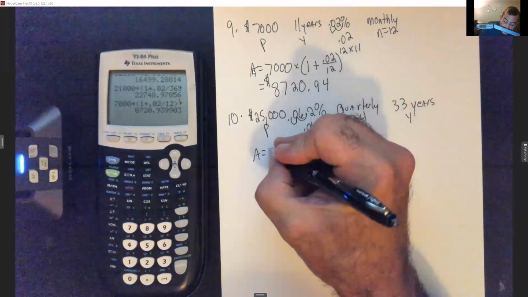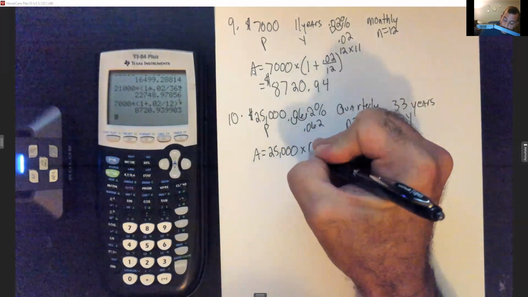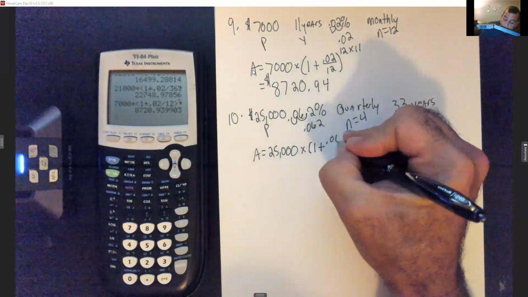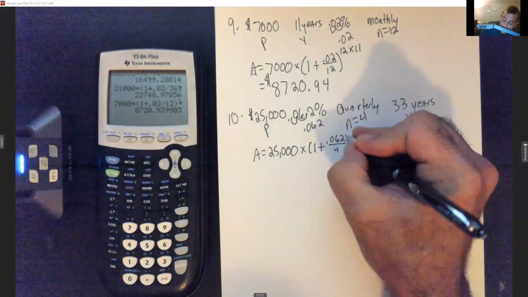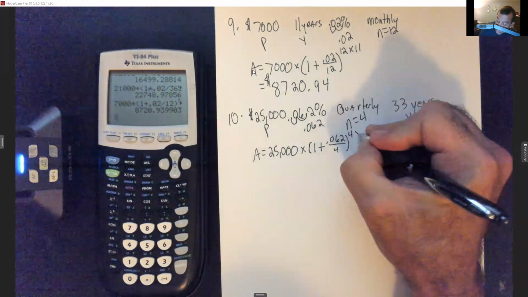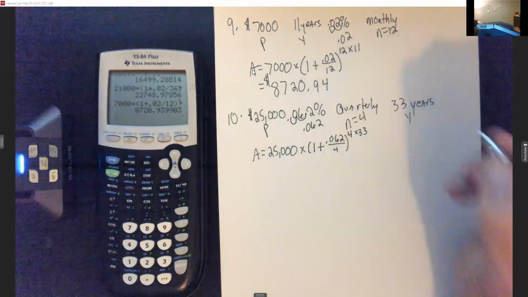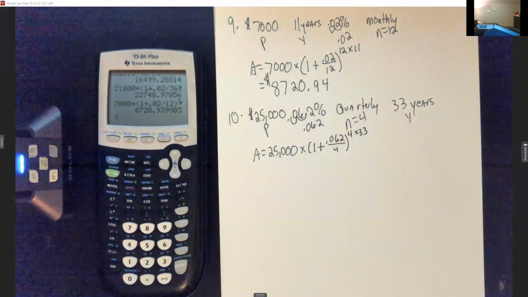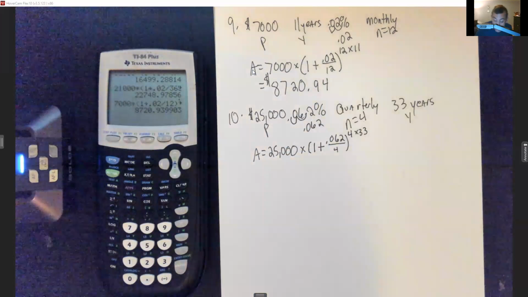25,000 goes here, times my 1 plus my 0.062 divided by my N, which is 4. And then this is 4 times my years, which was 33. So I would expect this one to make me a little money, because 33 years is a while, right?